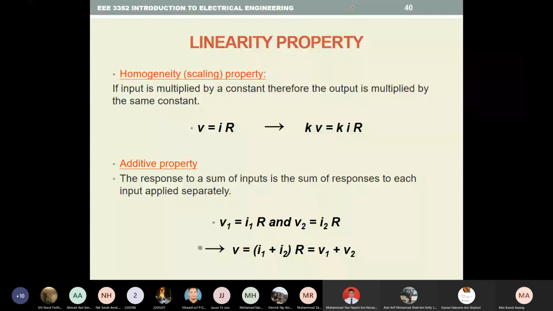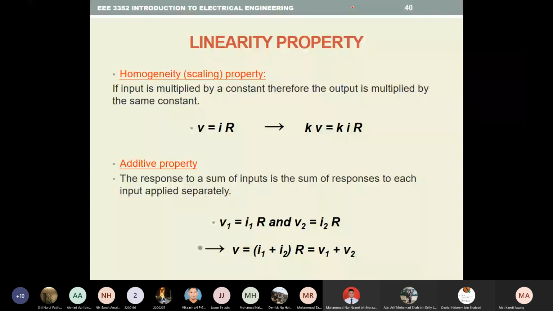Clear? The input is basically I, and the output is basically V. So if you scale I by K, you also scale the output V. That is the homogeneity property of a linear circuit.